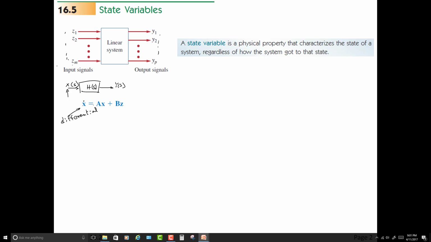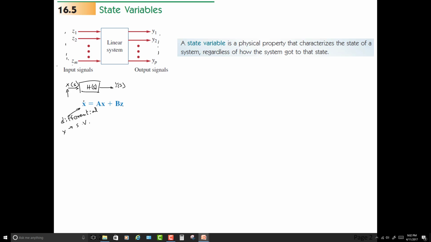And what is this equation expressing? It's expressing the differential of x. X is a state variable. The differential of that state variable is equal to a constant times the state variable plus a constant times the input. Okay?